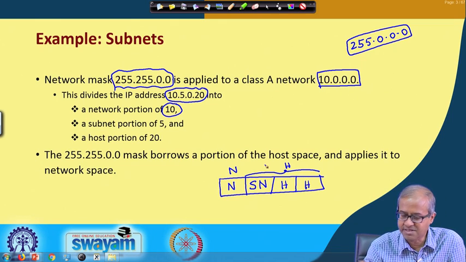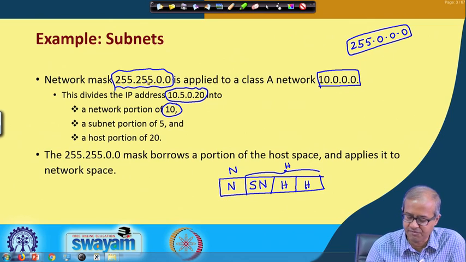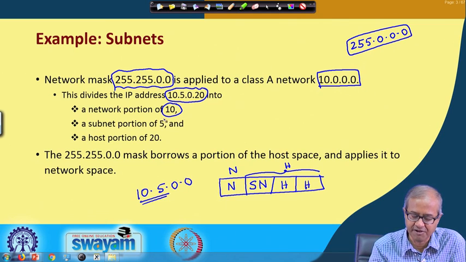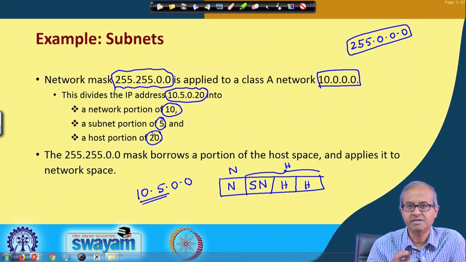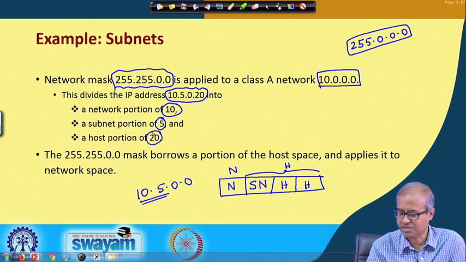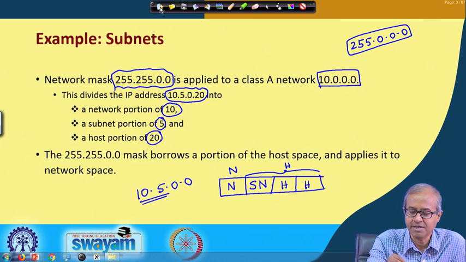Now, if we apply this subnetwork mask 255.255.0.0, you will get 10.5.0.0. 10 is already there, so the subnetwork number will be 5, and whatever remains, the last 16 bits, is 0.20. This is how subnetworking works.